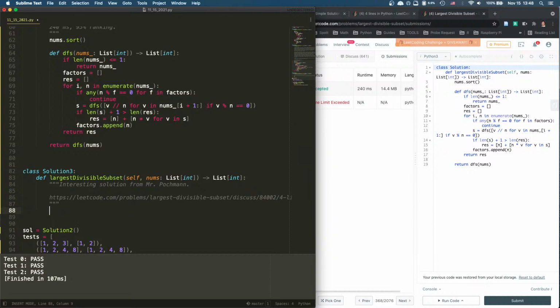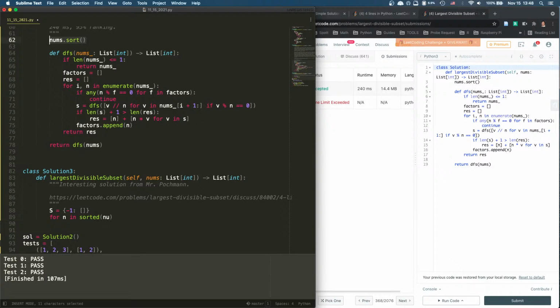Oh, can I use map? Hash map. I just call it S. I do need something in there because otherwise the max will return wrong, right?